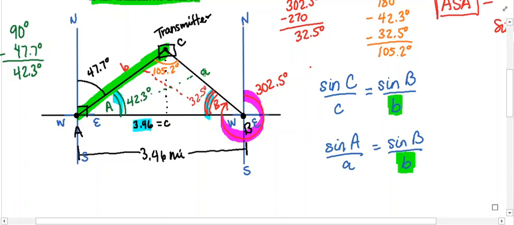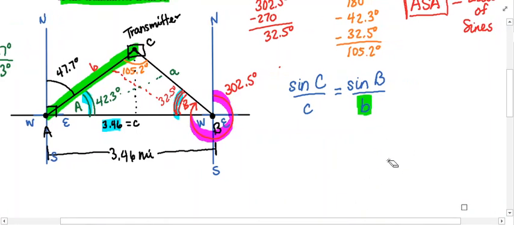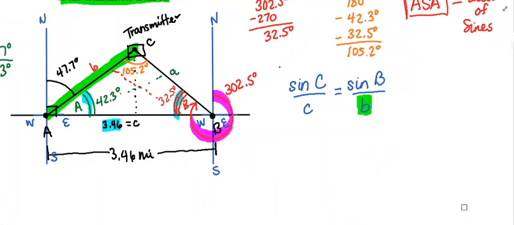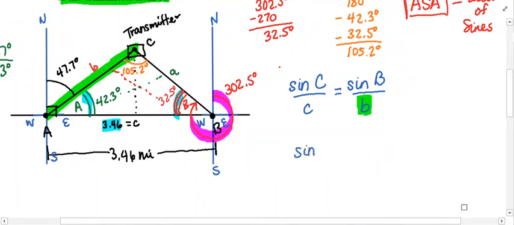However, we don't know side length A. So you wouldn't want to go this route because then you would have 2 unknowns. You need to know 3 of the quantities and just have 1 unknown in order to set up your equation. Also you wouldn't have wanted to go this way because it would have been extra work.